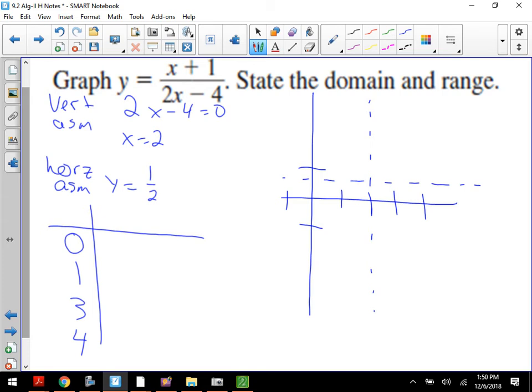What's 0 minus 4? So now, at 0, it's negative 1/4. How do I graph a negative 1/4? It's close-ish. It's half of a half.